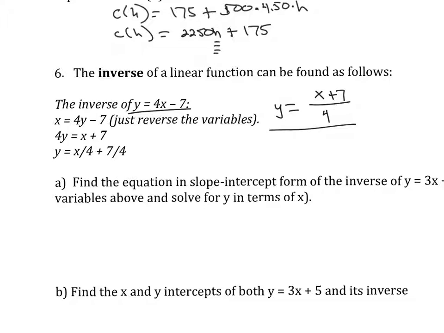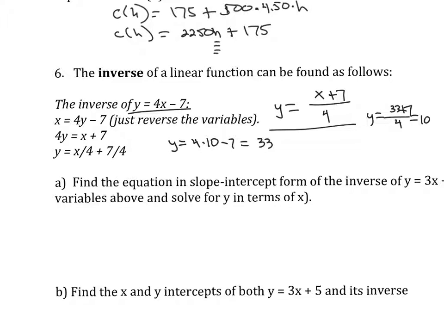So for example, if x is equal to 10, then y is equal to 4 times 10 minus 7, which would give us 33. And if we plug 33 into our other function here, we're going to get y equals (33 plus 7) over 4, and that's going to be equal to 10, and we're right back at our original value.